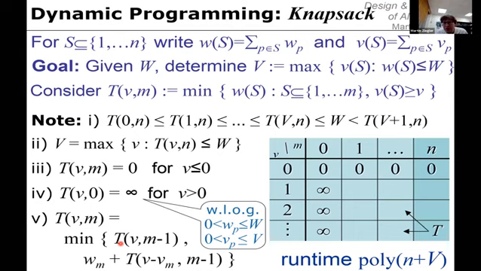How many rows do we need? How far do we fill the table? We may not fill it beyond the part that we're actually interested in, but what are we interested in? We're looking for the vth row. The vth row, the row with number v, is exactly the row where the last column starts to exceed the weight bound.